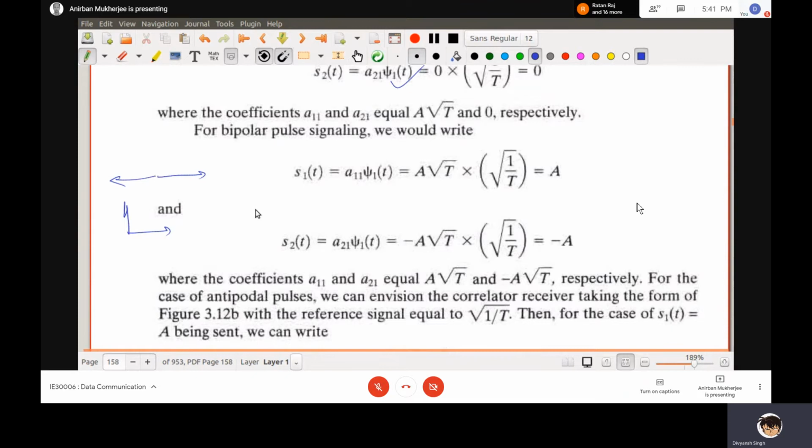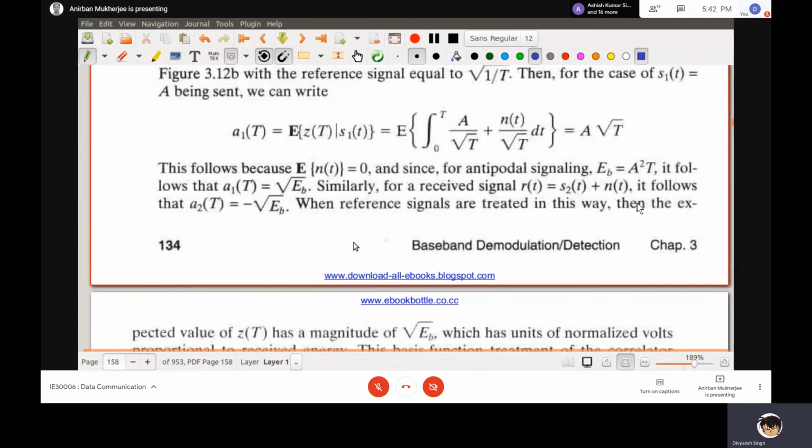In that case your vectors look like this: this is your S1 vector, S2 vector, S3 vector, S4. If you choose this as psi1(t) and this as psi2(t), and break all vectors in terms of psi1 and psi2, your analysis will be much easier. That's why sometimes they break it into basis functions.